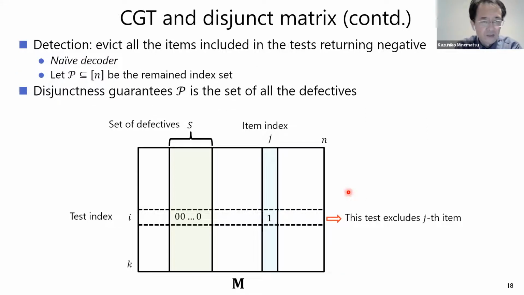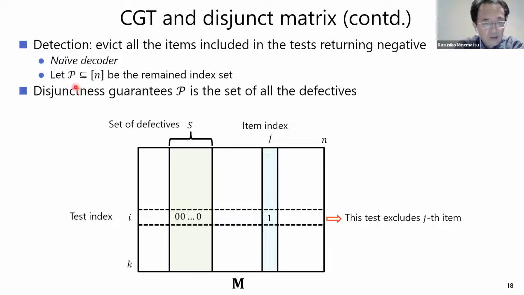To detect the defectives, we perform all the small k tests, then evict all the items included in a test that returns negative. This is called the naive decoder in combinatorial group testing.